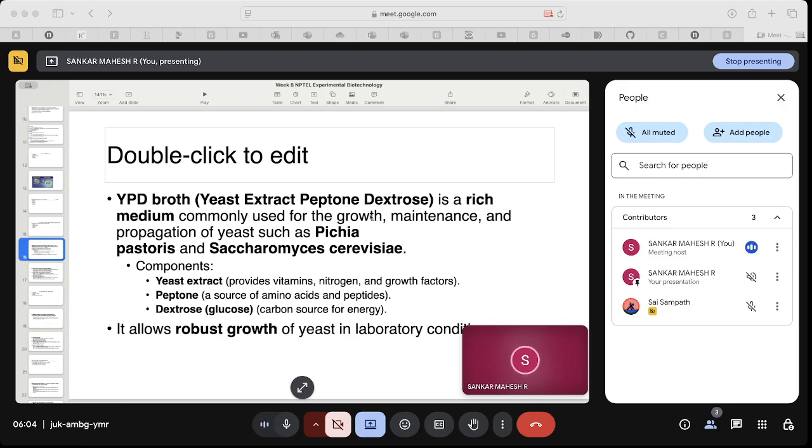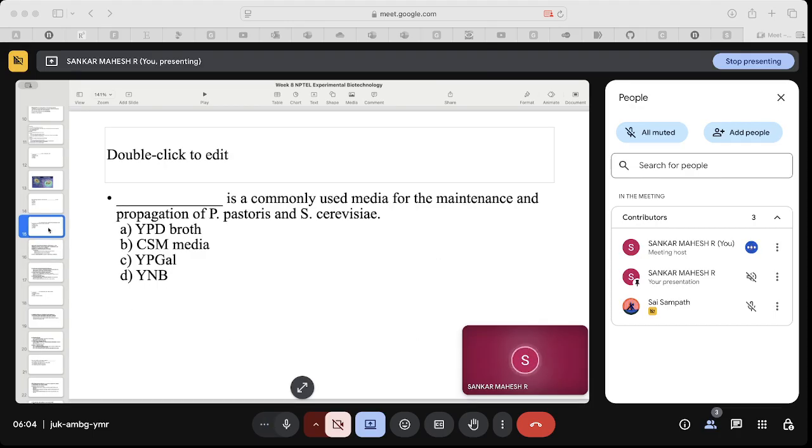Because you have peptone and dextrose, this is a rich media, although the composition is not very well defined because you have the extract, but it is based on observations of growth, and it is set to propagate multiple different strains. So YPD is what we use for maintenance and propagation.